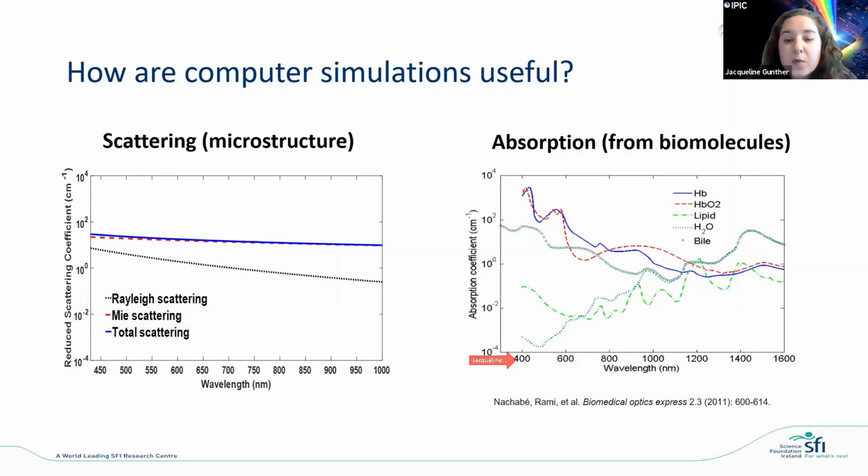Lipid and water have lower absorption in the more visible region, between 400 and say 800, but then they begin to increase as wavelength increases. So the wavelength plays a very important role when it comes to not only understanding biomedical optics, but also computer simulations.